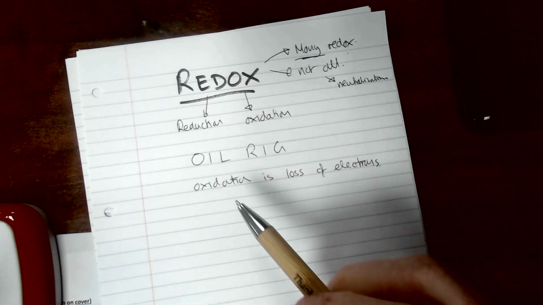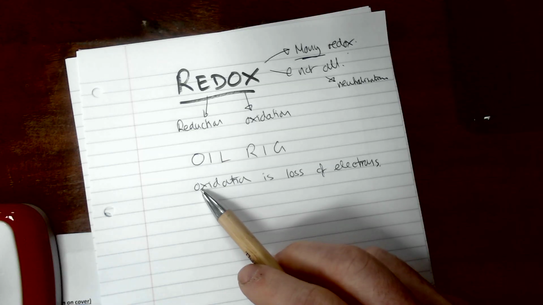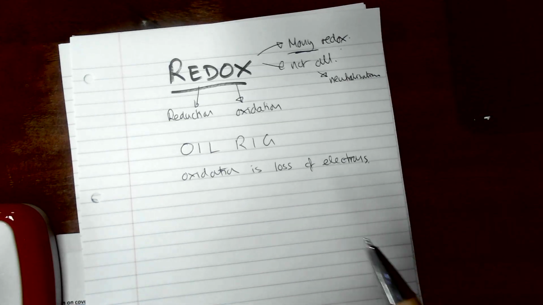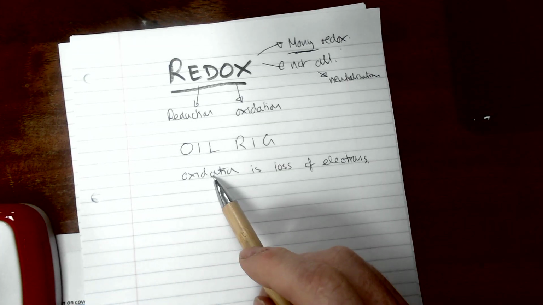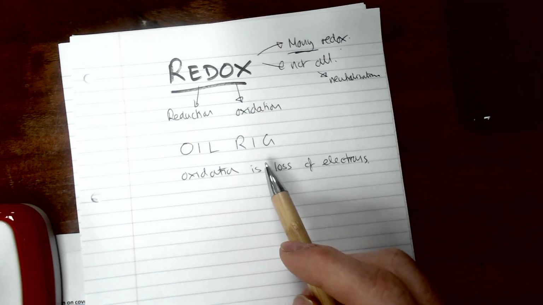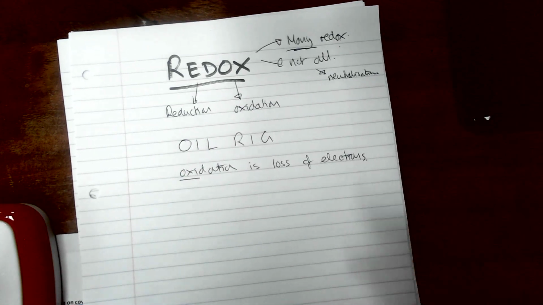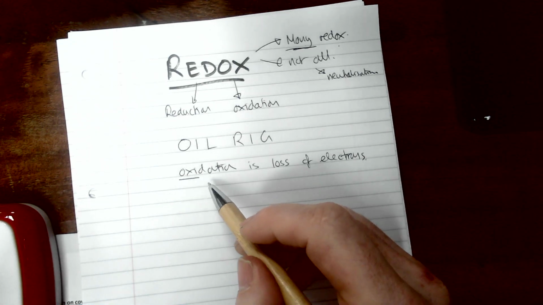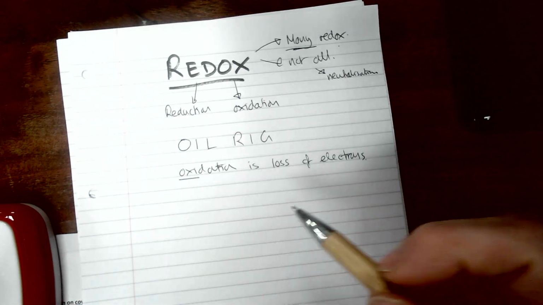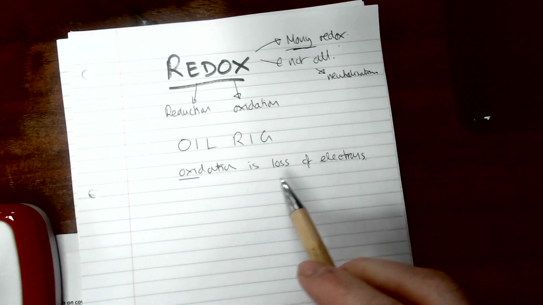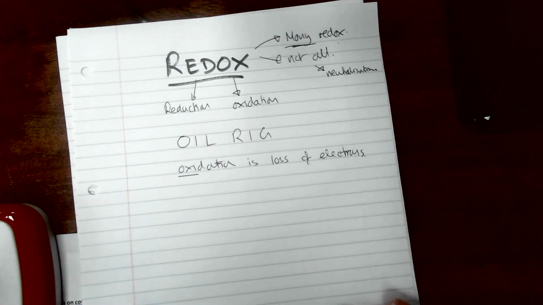Originally, oxidation was just to do with the element oxygen, but then it was found that there was a more useful generalization of the term. Whenever something lost electrons, we started to call this oxidation. You'll know as well that oxidation is when something gains oxygen. That is true, but oxidation is also defined as being loss of electrons.